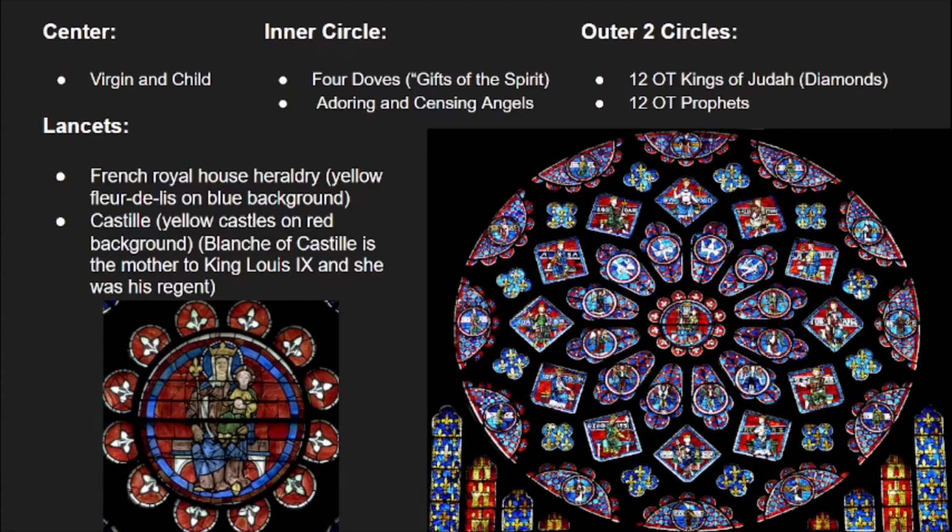The lancets here at the bottom have the French royal house heraldry. So it's a yellow fleur-de-lis on a blue background, and the Castile family crest, which is the yellow castles on a red background. Blanche of Castile is the mother of King Louis IX, and she was his regent. So when this was made, about 5 to 10 years after the other ones were made, the opposite one had the arms of the Mauclerc family, the Counts of Dreux.